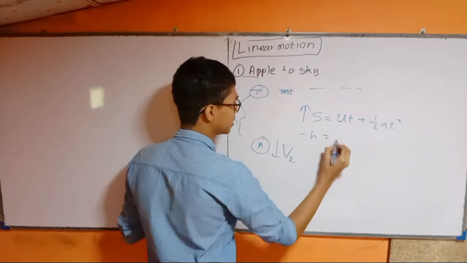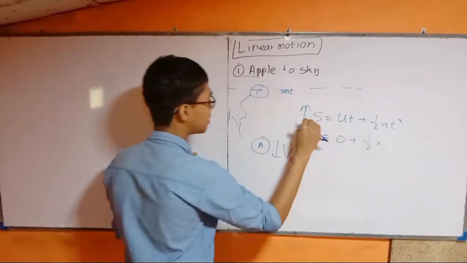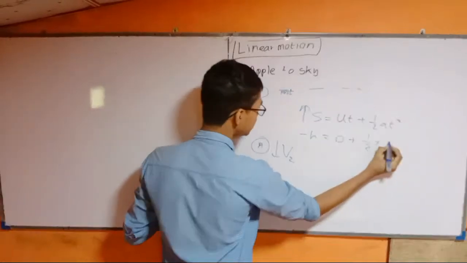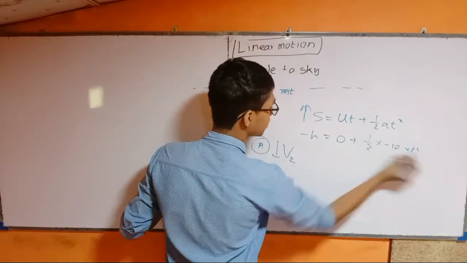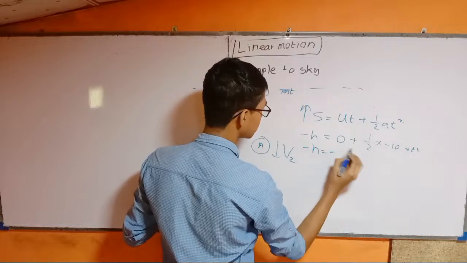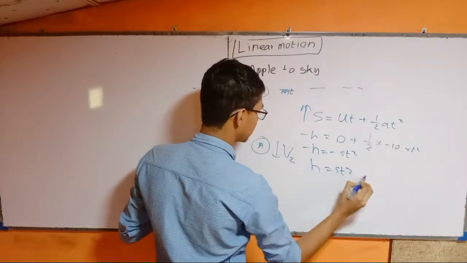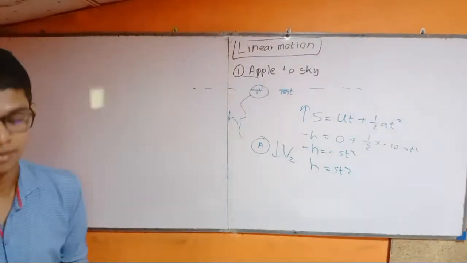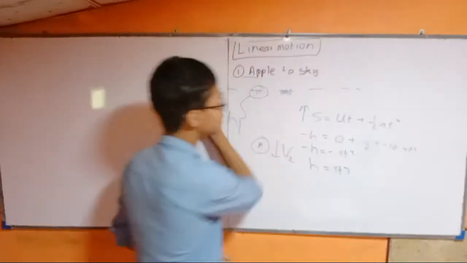Initial velocity is 0 plus half into, and he's applying upward, so acceleration is negative, into t squared. Minus h is equal to minus 5t squared, minus cancels, h equals 5t squared. Same thing, right? The donkey is also correct. So that's that.